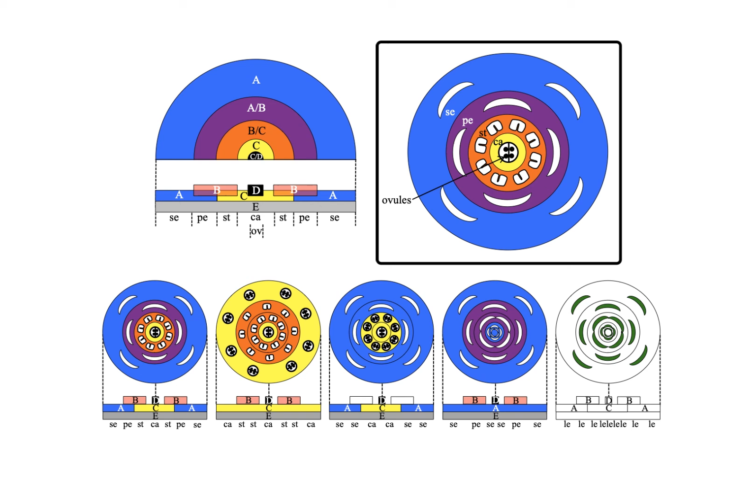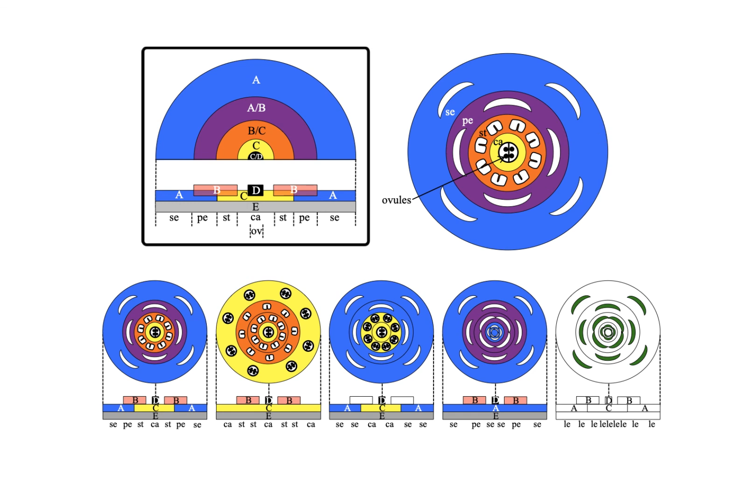So here's a flower looking from the top. There's the carpel in the center with the ovules, then the ring of anthers or stamens, and then a ring of petals and a ring of sepals. And here, if you look at the normal condition, is what is occurring. So to make a sepal, you need the A genes and the A products have to be turned on.